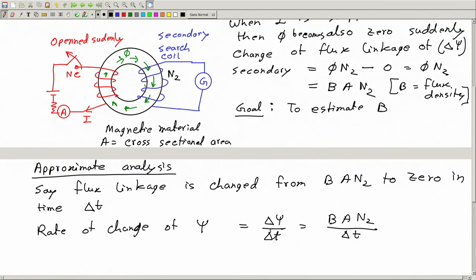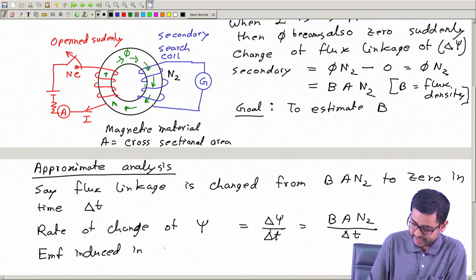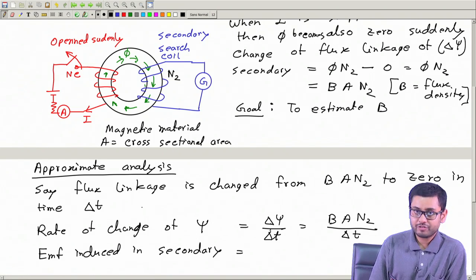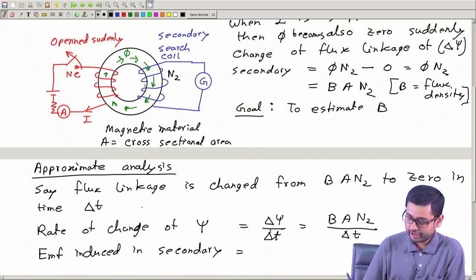So, how much EMF will be generated in the secondary search coil? The EMF induced in secondary will be equal to this rate of change of flux linkage according to Faraday's law.